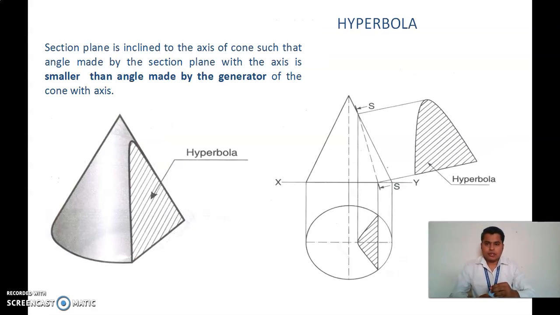For a hyperbola, what is the condition? The section plane SS is inclined to the axis of the cone, and the angle made by the section plane with the axis is smaller than the angle made by the generator.